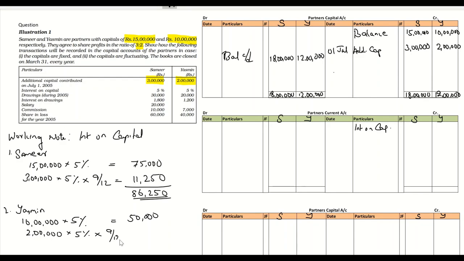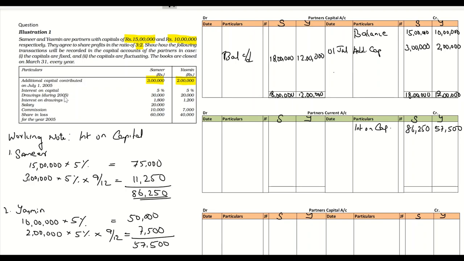So 9 by 12, it will be 7,500. Total of this 50,000 plus 7,500 will be 57,500. Now interest on capital, we are going to keep this here. For Samir it is 86,250 and for Yasmin it is 57,500.